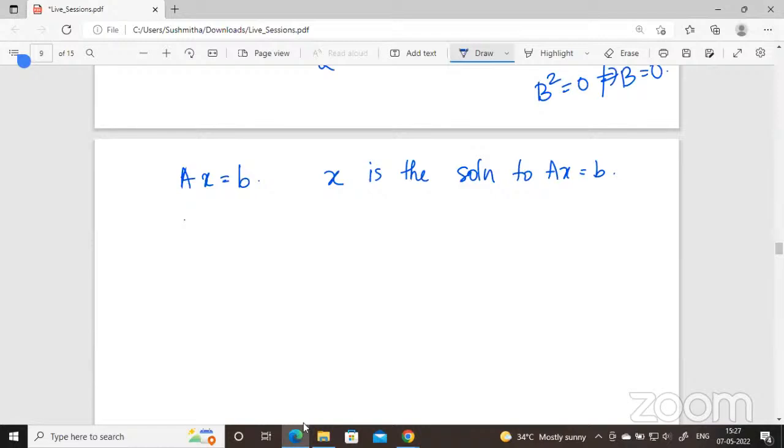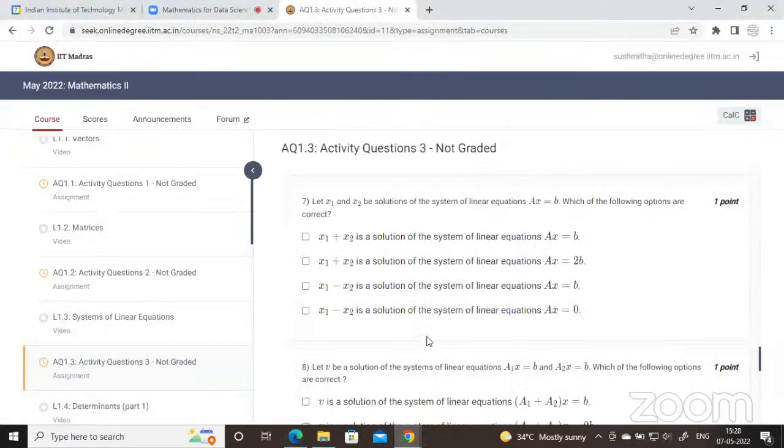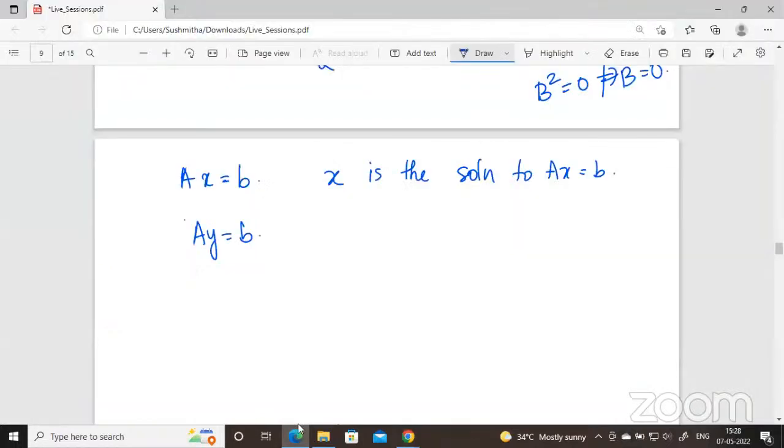So if I say Y is a solution to AX is equal to B, what will it mean? AY is equal to B. If Y is a solution, then AY is equal to B. Let X1 and X2 be solutions of the system. So what does it mean if X1 is a solution?